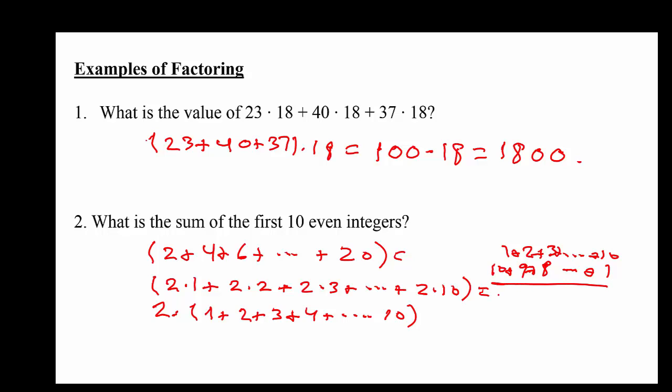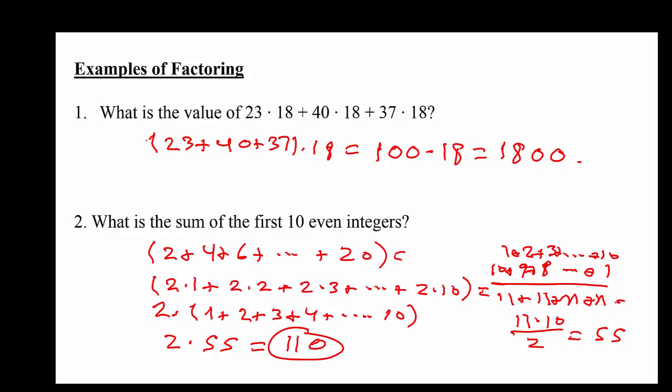I'll add them up and see that they all add up to 11, and I'm going to have that 11 ten times. So I'll have 11 times 10, but I have to divide by 2 because I used the list twice, and that'll be 55. So I have 2 times 55, which is 110. The sum of the first 10 even integers is 110.